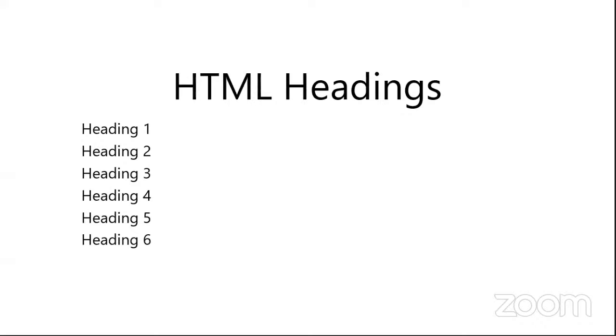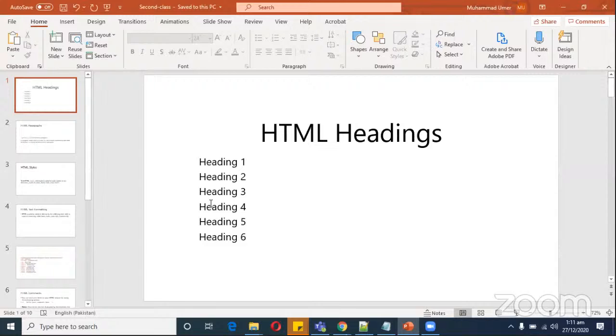Okay, so in the last class, we have already discussed the HTML headings. We have 6 different headings like heading 1, heading 2, heading 3, heading 4, heading 5, and heading 6. We also saw the difference between the H1 till H6 headings.